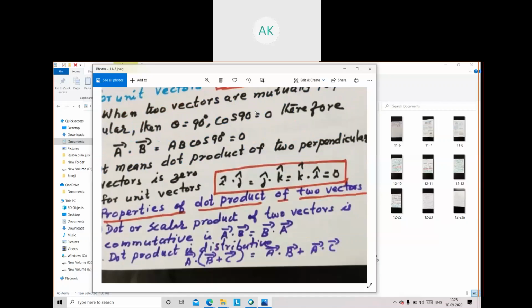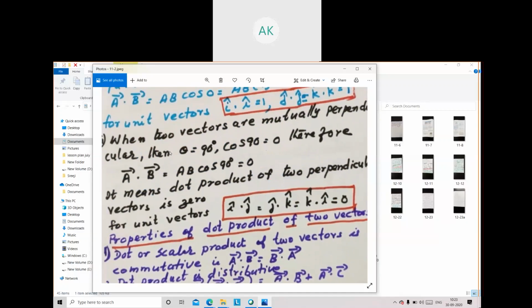When two vectors are perpendicular, what happens? Theta equals 90 degrees, so cos 90 becomes 0. Therefore, A dot B equals AB cos 90, which becomes 0. It means the dot product of two perpendicular vectors is 0.